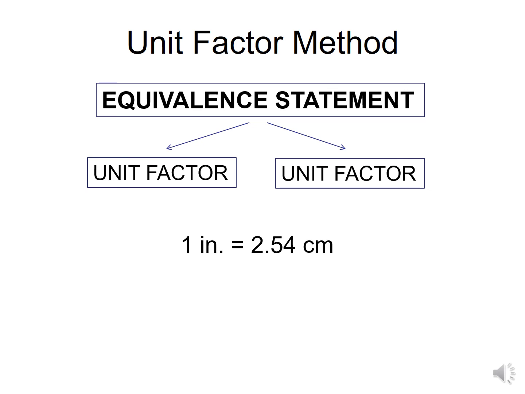And if we divide now the left-hand side by the right-hand side, we obtain 1 unit factor. And when we divide the right-hand side by the left-hand side, we obtain the second unit factor. And that's all there is in this case.